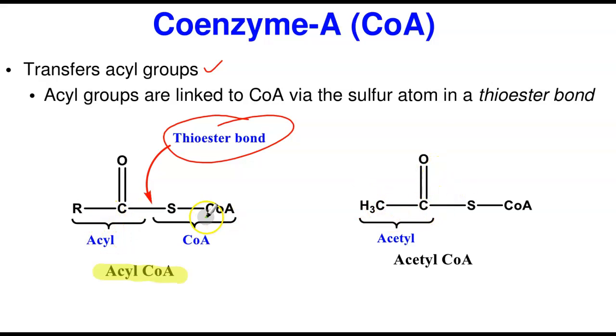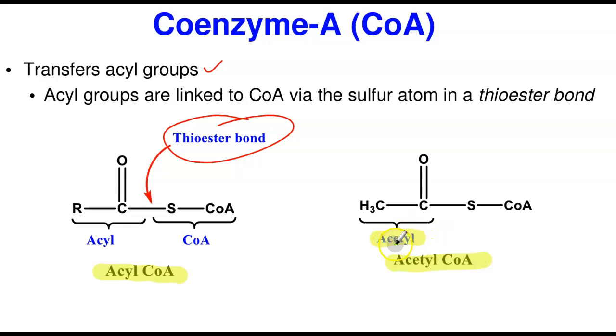So if you count 1, 2, just 2 carbons with the carbonyl carbon here, we call this the acetyl, and the name of this now becomes acetyl-CoA. It can be any other; if it has 3 carbons, it becomes propionyl-CoA. If it's propionate, it becomes propionyl-CoA, right? Butyryl-CoA.